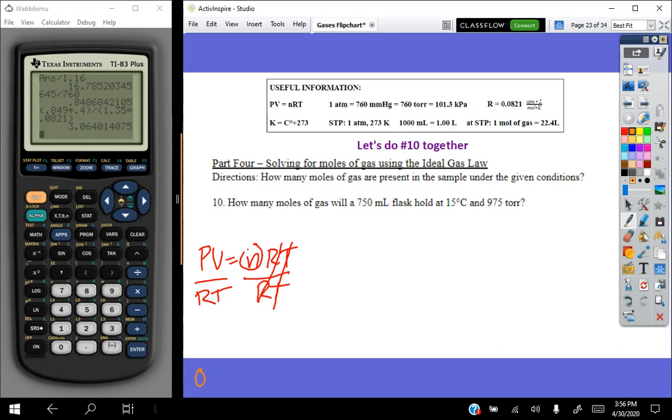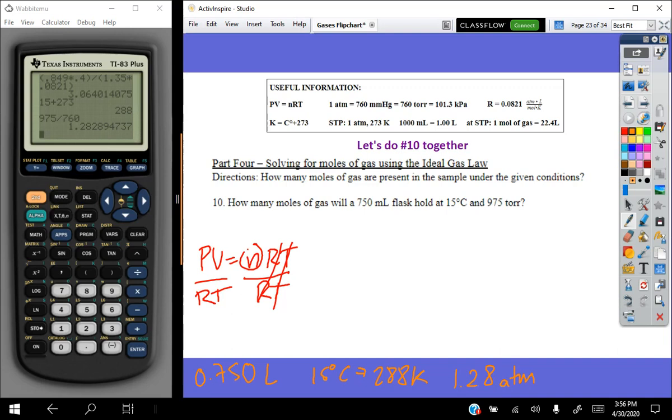All right, let's convert our numbers to appropriate units. 750 milliliters is going to be 0.750 liters. 15 degrees Celsius is going to be 288 Kelvin. And then 975 torr is going to be 1.28 atmospheres.